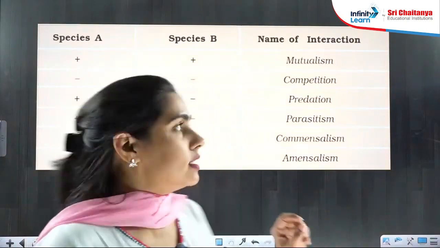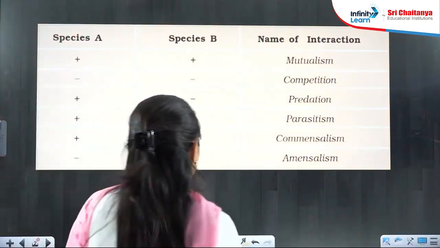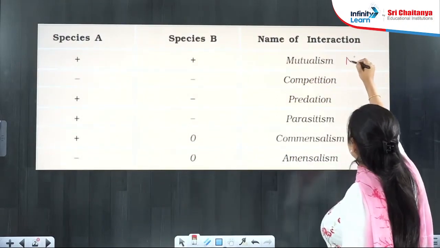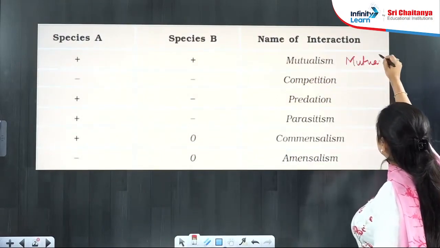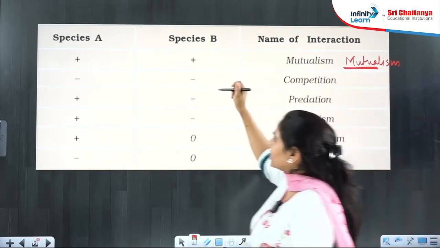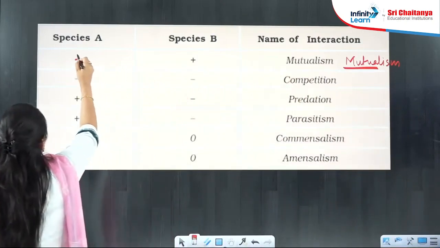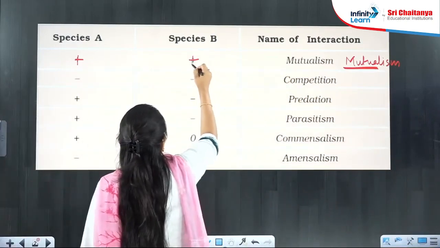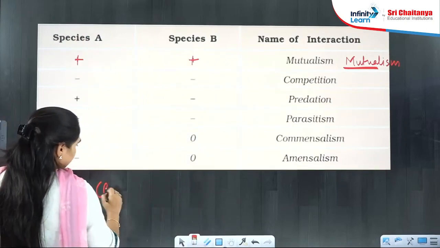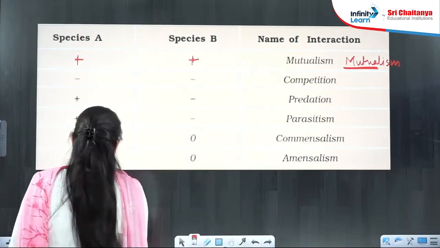Here I have written 6 types of interactions. What is the first type of interaction written here? Mutualism. Mutual means both are getting benefit. Plus means benefit.